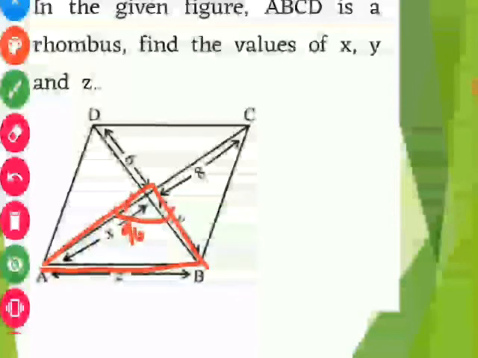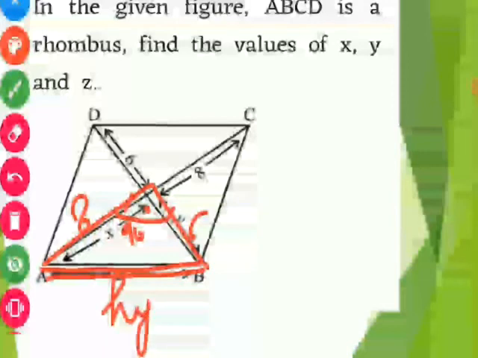This is a 90-degree angle. This is 8 and this is 6. Using the Pythagoras theorem, we will calculate this side. So the side which is in front of 90 degree, that is the hypotenuse. So that means AB is the hypotenuse here.